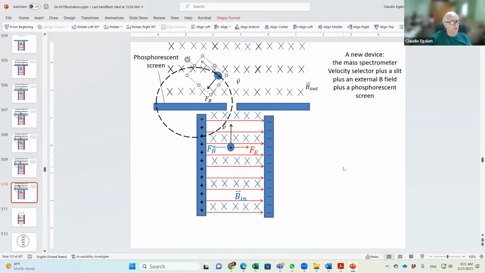It helps a lot to understand, not just understand, but memorize how this device works, this mass spectrometer. Here we're just talking about the qualitative configuration of this device, before getting to the detailed calculations.